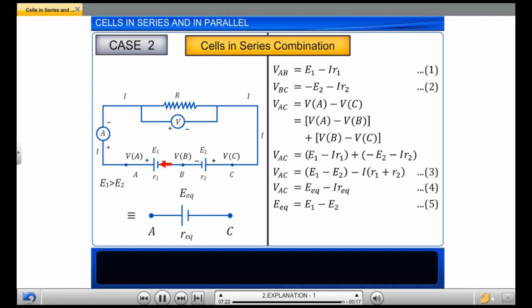Let this be equation 5. From equations 3 and 4, we can write REQ is equal to R1 plus R2. Let this be equation 6.